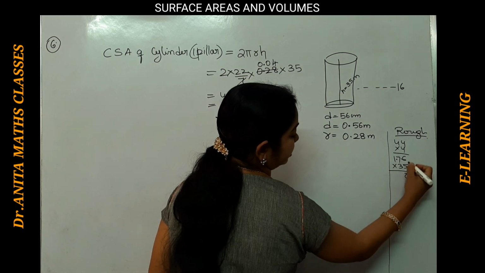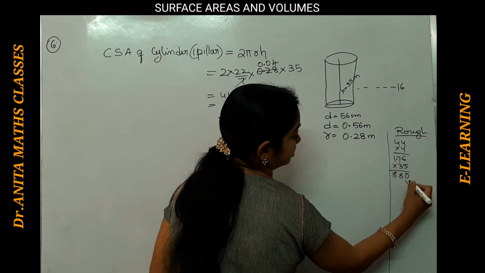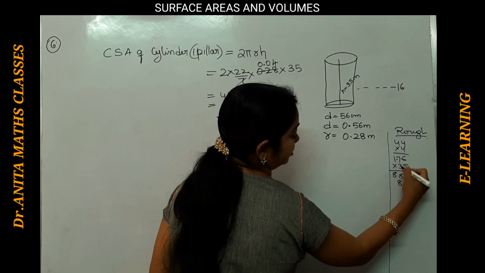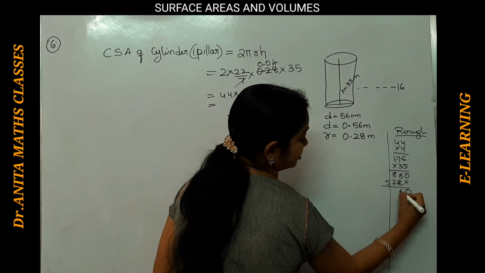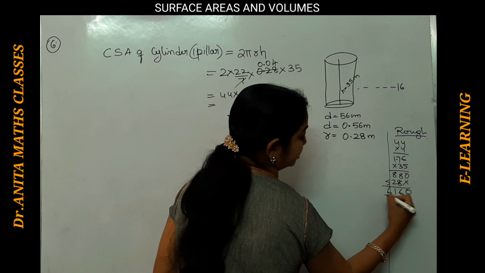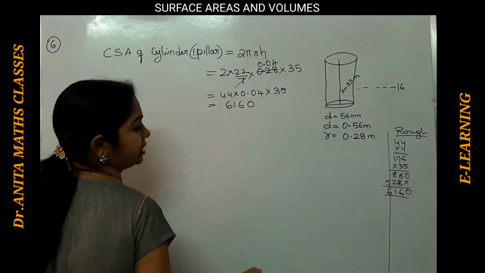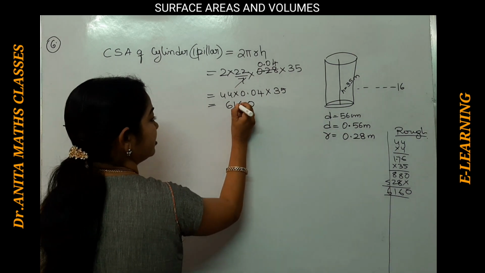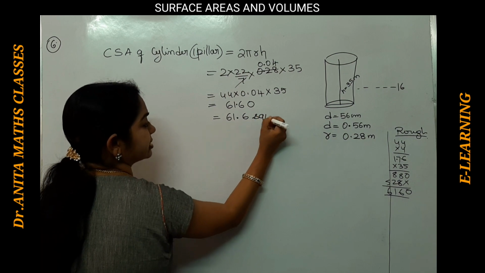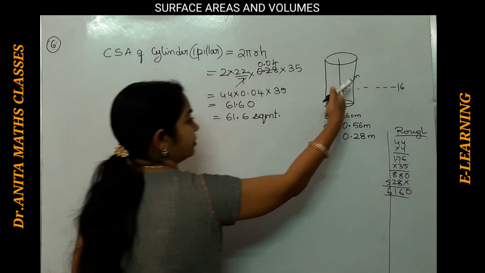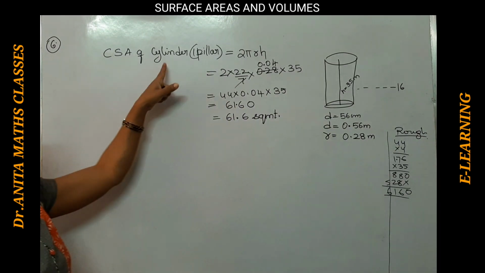After 2 digits we have to place the decimal point, that is 61.6. So it is 61.6 square meters, because we have the measurements in meters. So the area is in square meters. That is the CSA of one pillar.